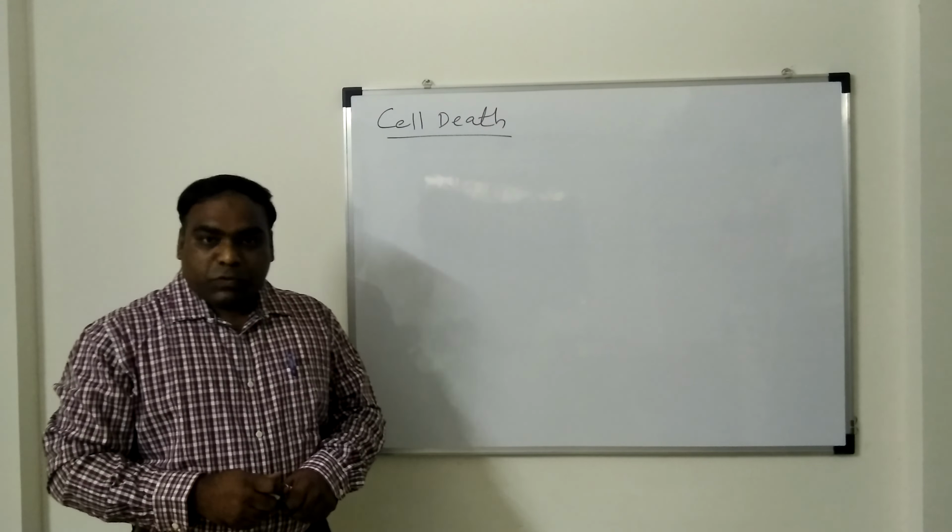The meaning of cell death is that it is a biological process in which the cell stops or ceases its functions. That is cell death. This cell death takes place by two different pathways.